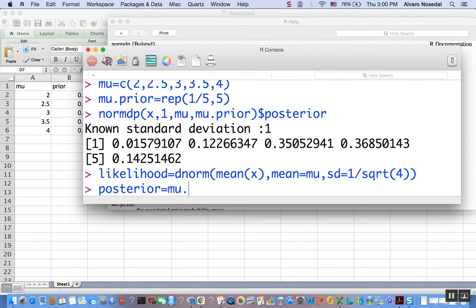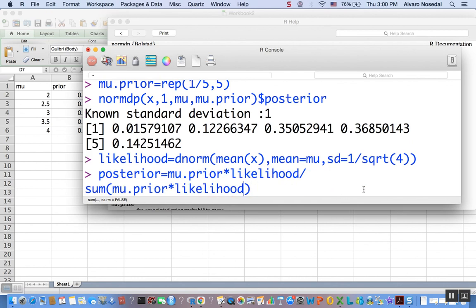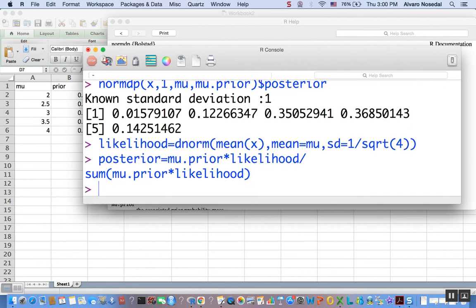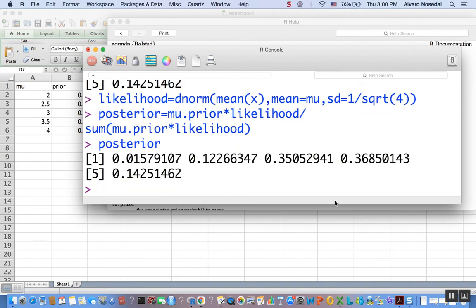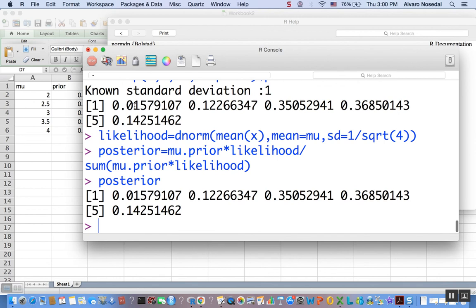So we would have mu prior times our likelihood, divided by the sum of that. It should give you the same thing. Now let's compare posterior. There we are. Same thing, right? 0.015, 0.122, 0.35, 0.36, 0.14.